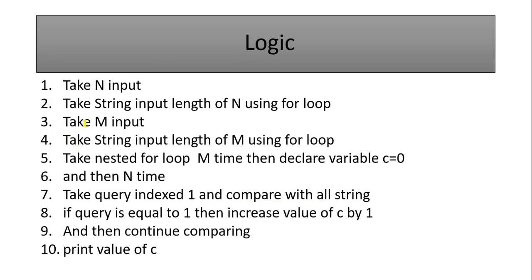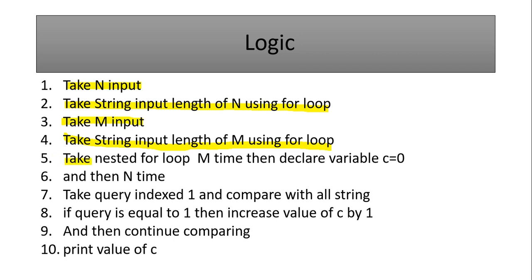So how will we make our program? First we will take input, the first input, and we will take a for loop over the length of n to take the string input, and again we will take m to take the queries input in the form of strings.